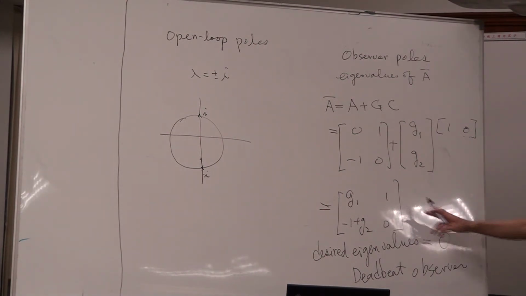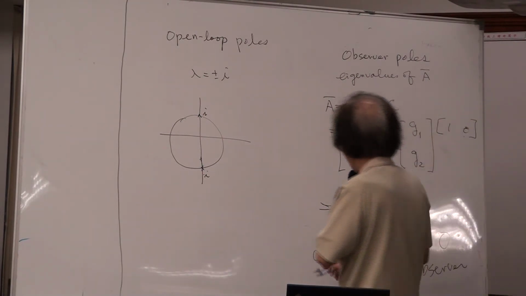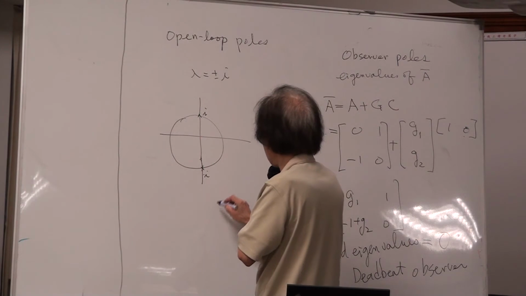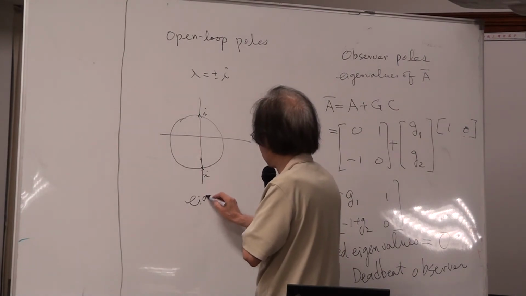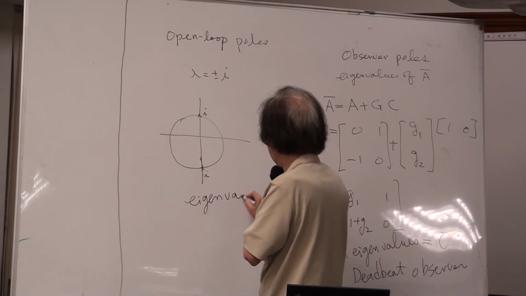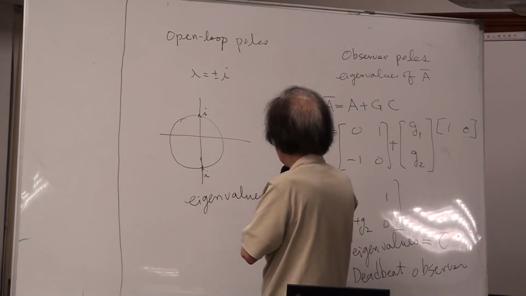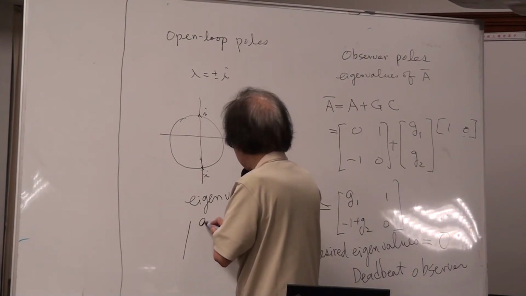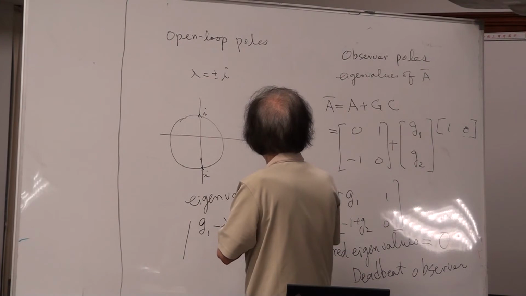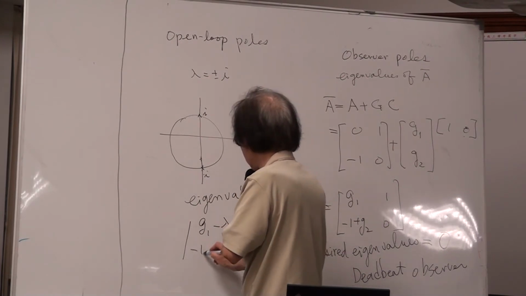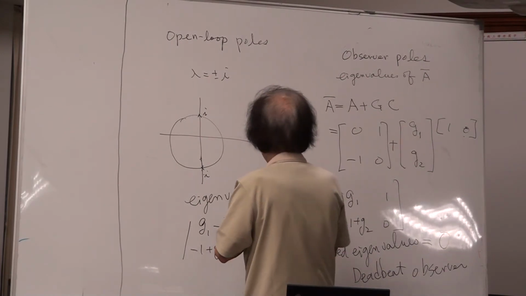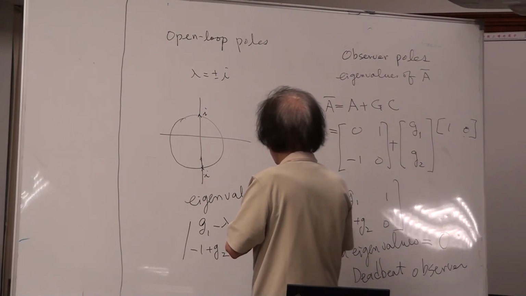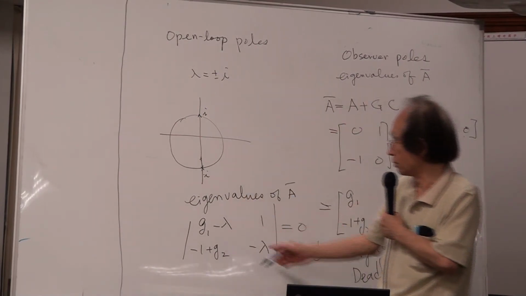So if you solve the eigenvalue problem of this design, the eigenvalue of A bar, that means we need to solve g1 minus lambda, 1, and minus 1 plus g2, then minus lambda, equal to 0.